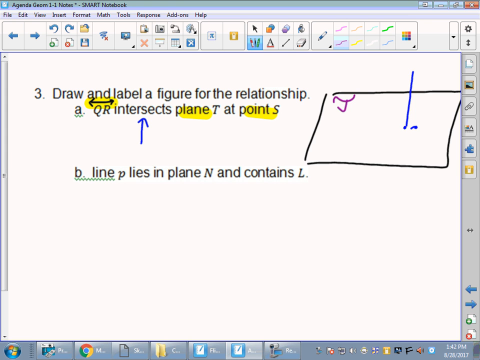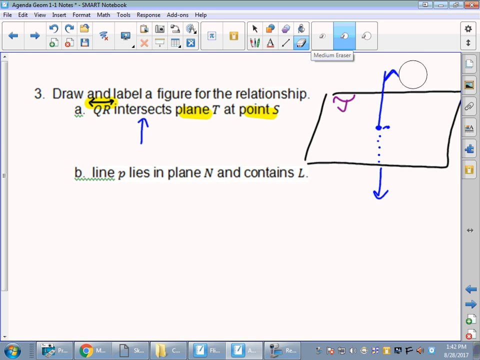And then what I'm going to do is I'm going to put a dotted line because it goes underneath that plane. It goes underneath. I can't see it, but I can see it, if that makes any sense at all.